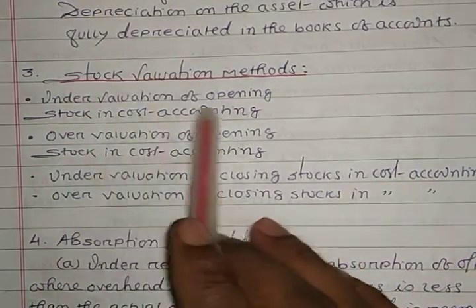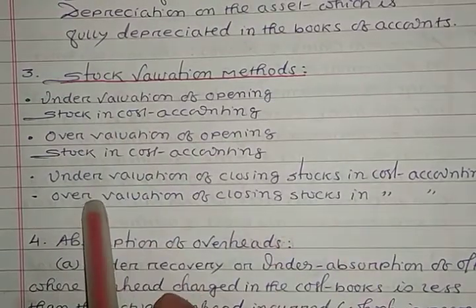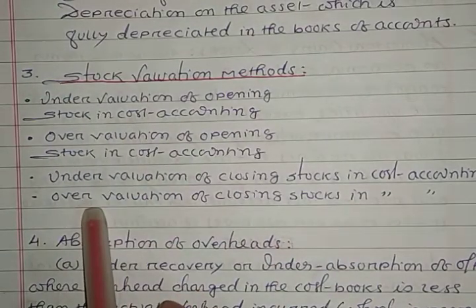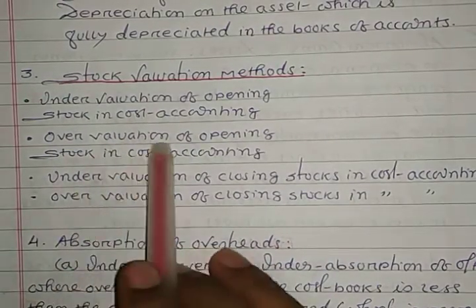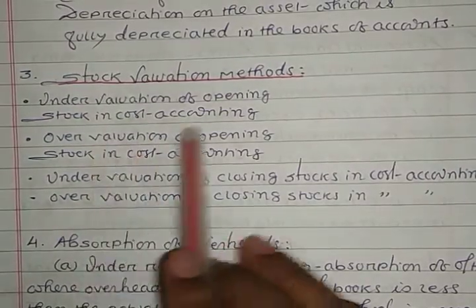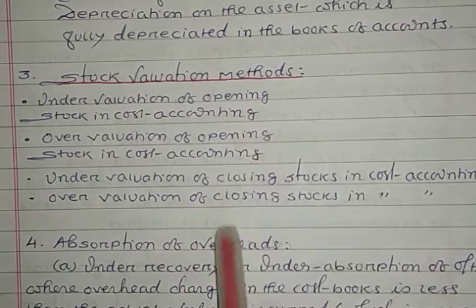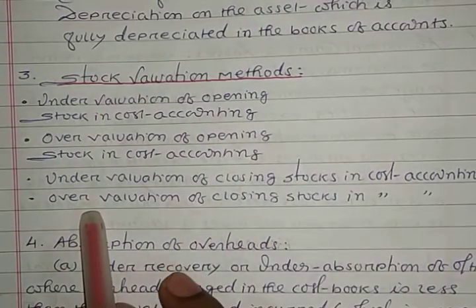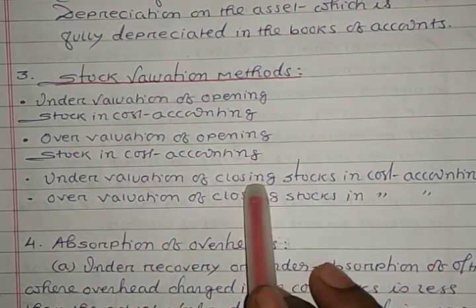Undervaluation and overvaluation relate to opening stock, and here undervaluation and overvaluation relate to closing stock.